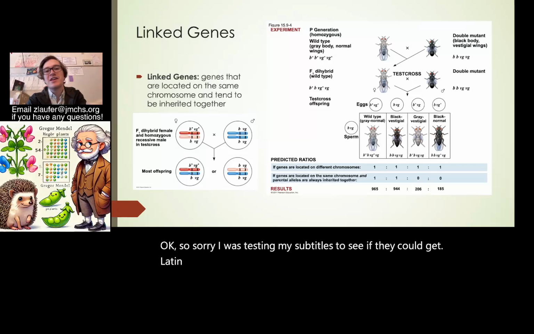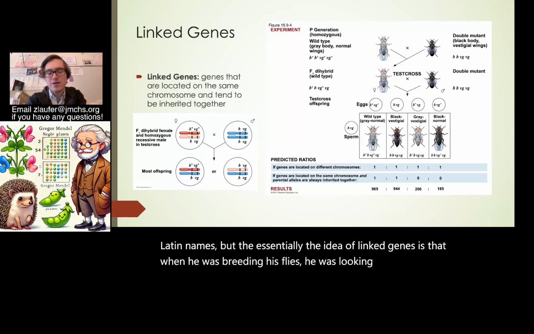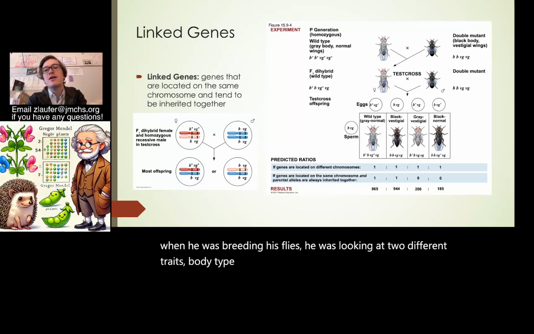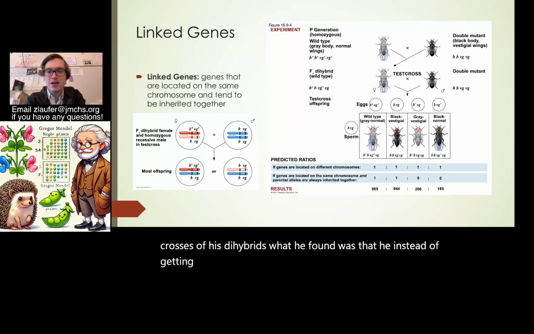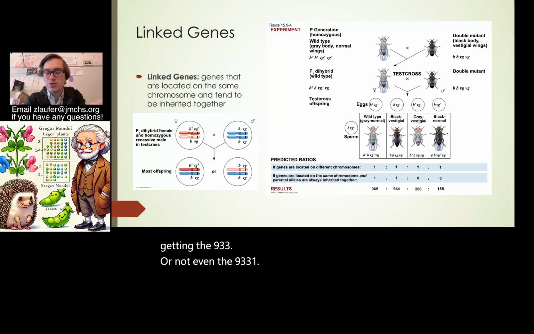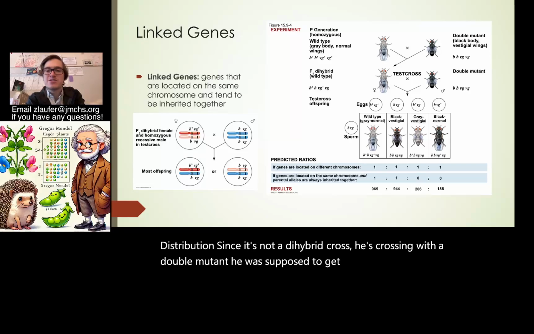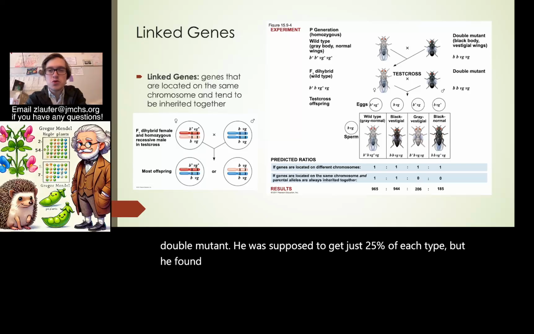But essentially the idea of linked genes is that when he was breeding his flies, he was looking at two different traits, body type and wing type. And when he was doing these crosses of his dihybrids, instead of getting the 9331 distribution, since it's not a dihybrid cross, he's crossing with a double mutant, he was supposed to get just 25% of each type, but he found that he really only got two types of fly.